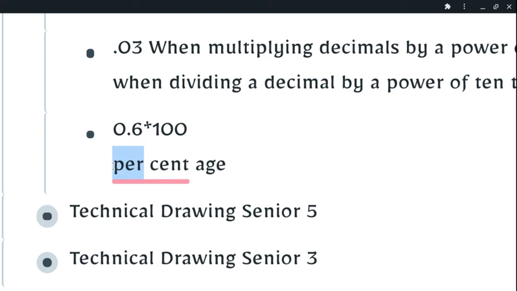So we're breaking down why we use 100 in this case. Let's highlight the word per. So 0.6 multiplied by 100 will tell you the percentage. But let's understand why the word percentage tells you it's 100.